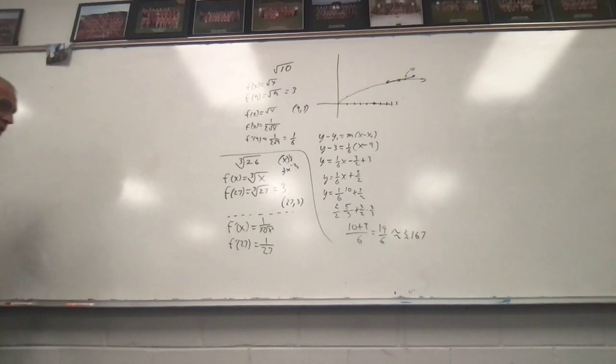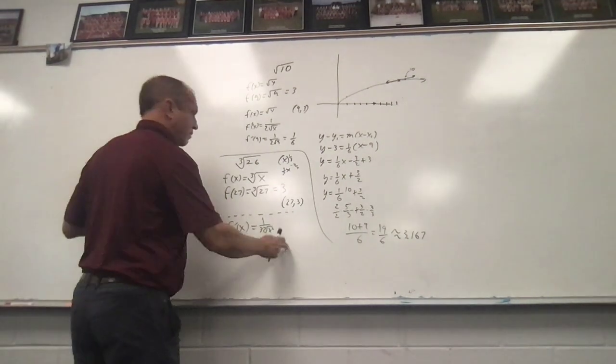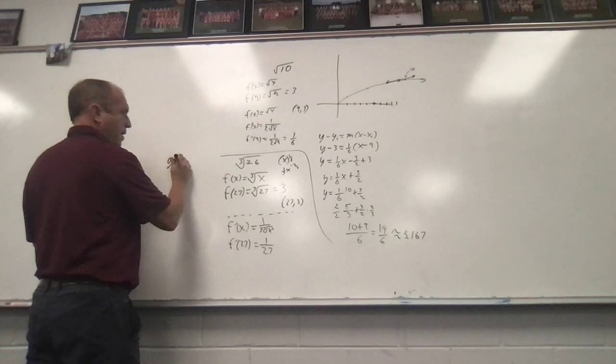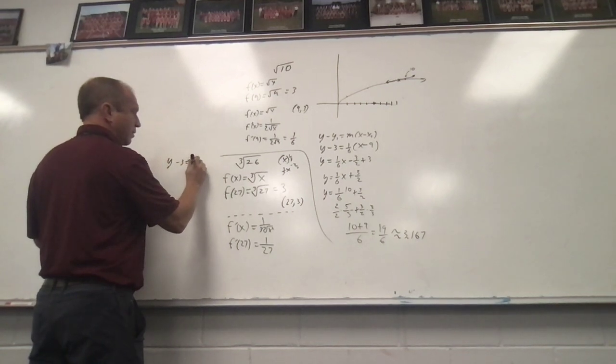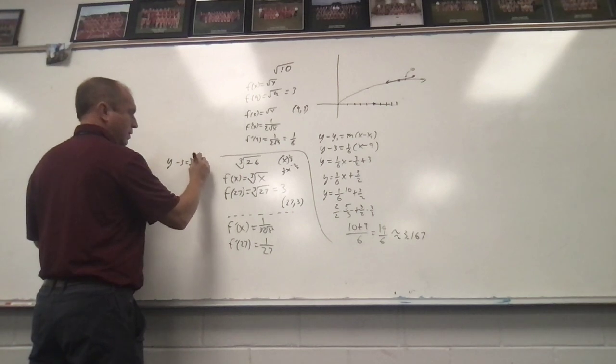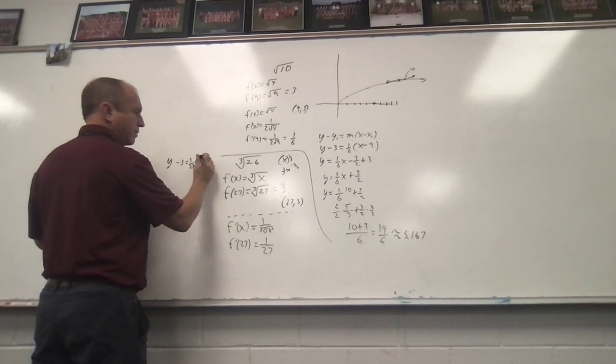All right, now again, I can write the equation of my line. My line is y minus 3 equals 1/27 of x minus 27.